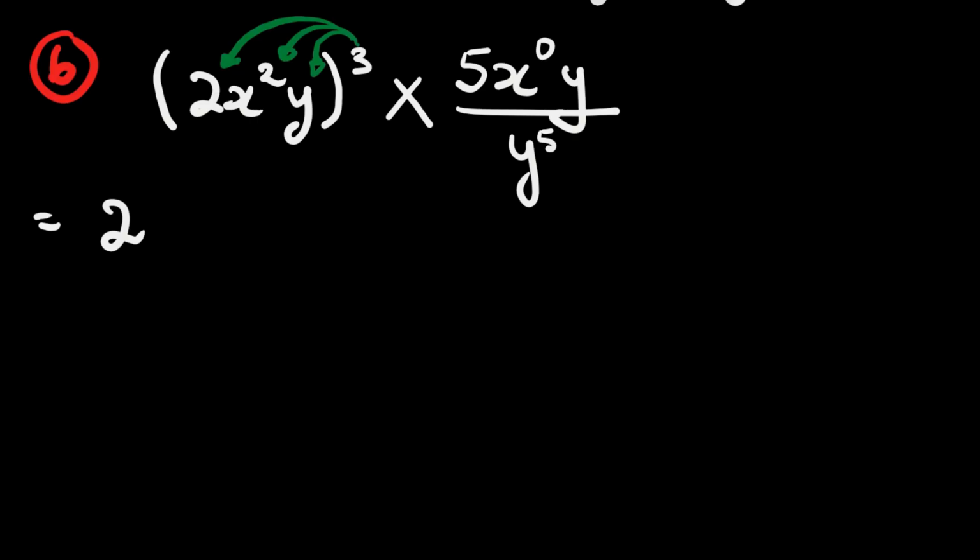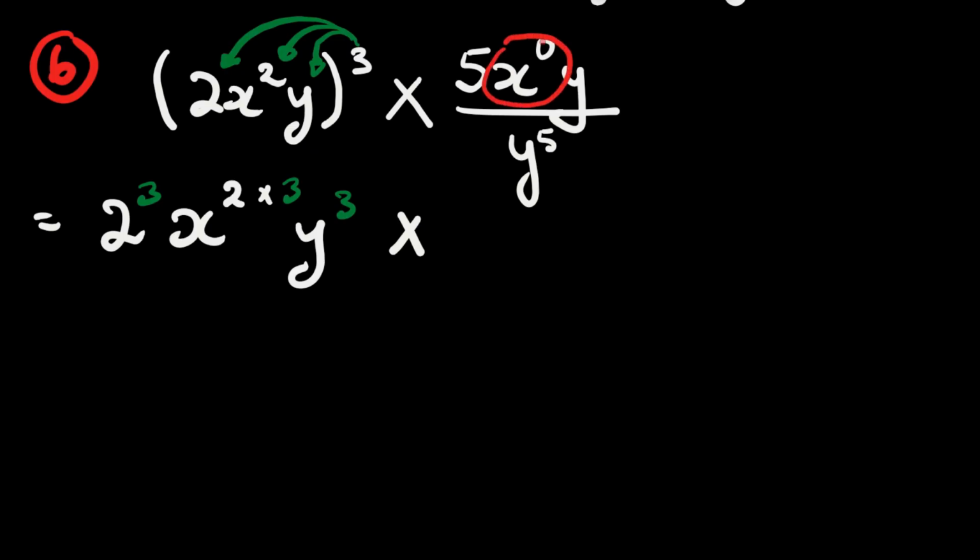I'm going to write it in green. To the power 3, and x to the power 2 times 3, and y to the power 3 to the power 3, multiplied by 5. Or first we can deal with this part.